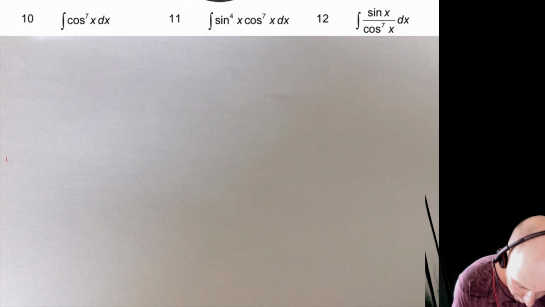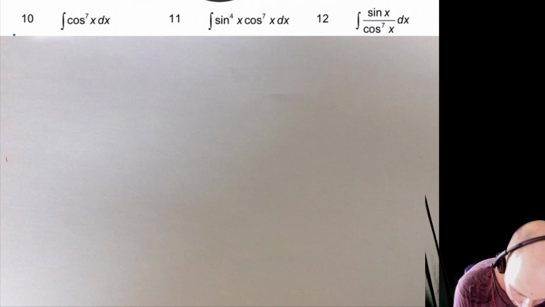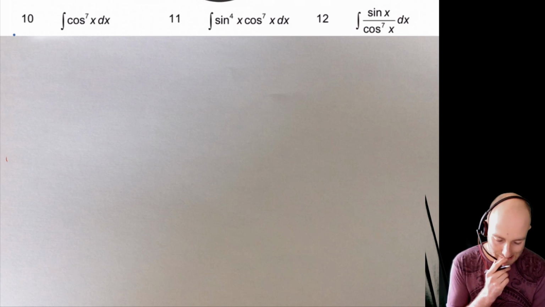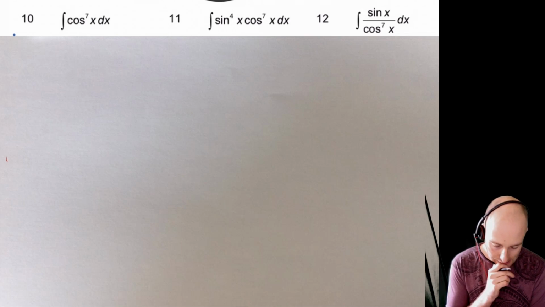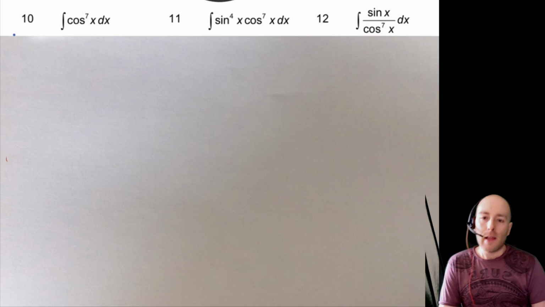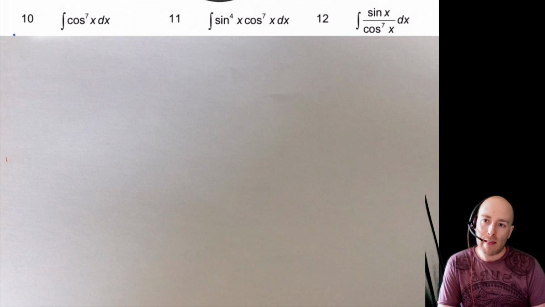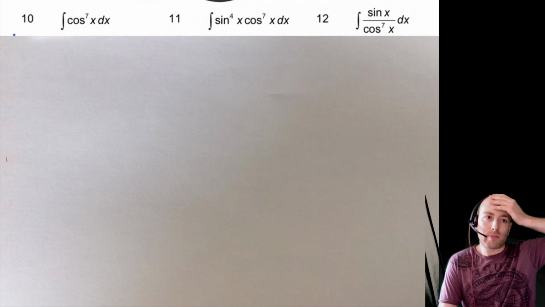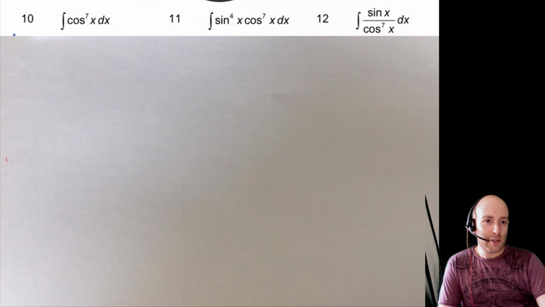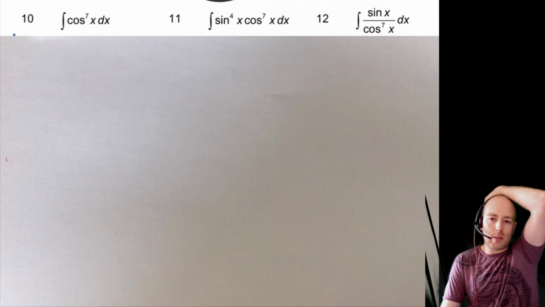Okay. Question 11. Sine to the 4 cos to the 7. For this one, I wonder what the best way to do this one is. I could do it by substitution. Sorry guys, I sent you some really long-winded questions. We need to get it all into one type of trig.